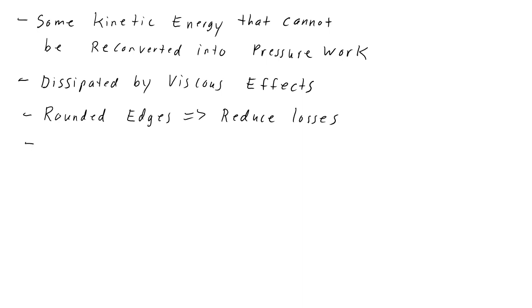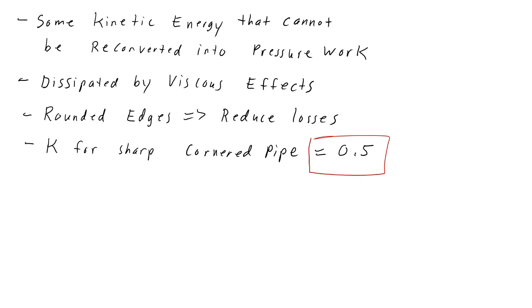So we'll say the K, the loss coefficient, for sharp corners, sharp cornered pipe, is equal to about 0.5, and we'll just use that for this class. And we'll say there's no Reynolds number dependence.